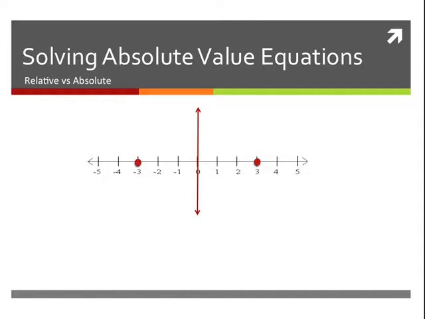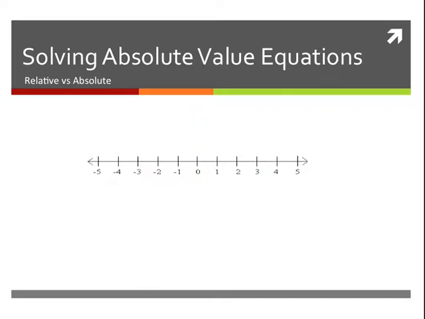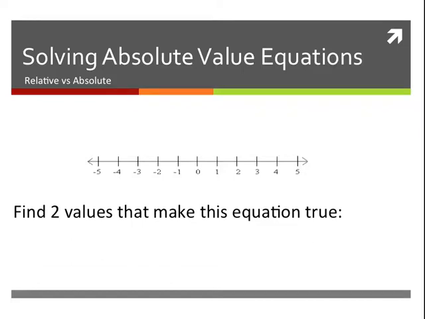Absolute, however, is an exact value, which means that both 3 and -3 are exactly 3 units away from 0. So if you were thinking about finding two values to make this particular equation true, you might decide that x equals 3 and x equals -3 are the two best values that we can find.